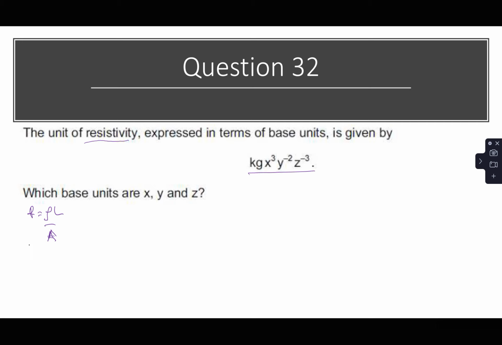We know the base unit of area is meters squared and of length is meters, and we can find the base units of resistance from power equals I squared times R. So R is equal to power over I squared, power being kilogram meters squared per second cubed, and I being ampere squared.